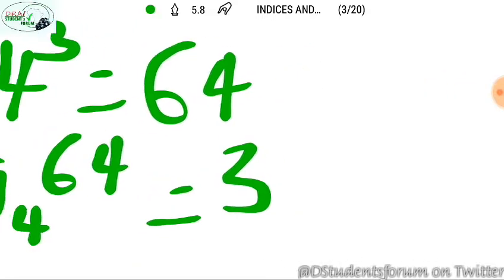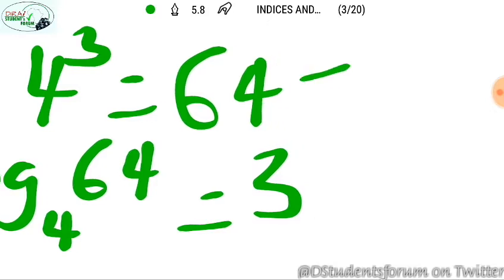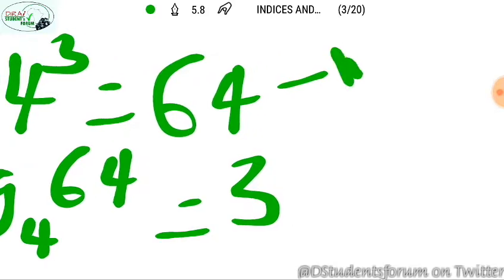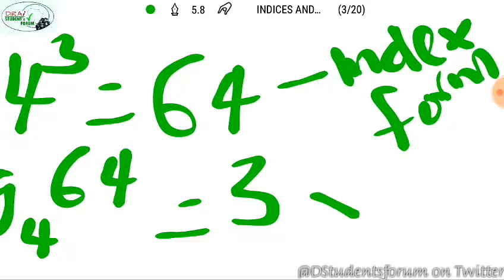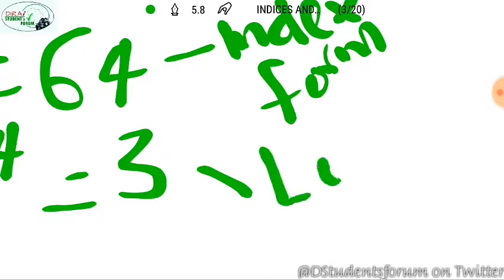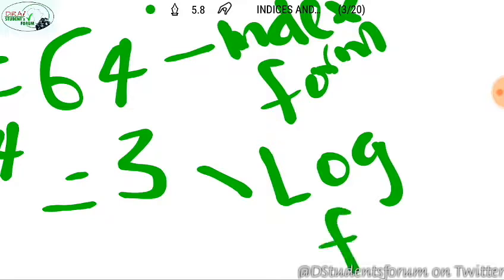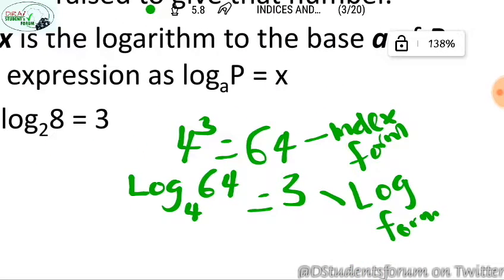It simply means that the equation we have above here is the index form, while the one we have below here is the logarithmic form, also known as the log form. Whenever you see any expression in index form, taking it to the logarithmic form is just expressing that power, that index, as the result, and expressing the base as the base of your result in the index form.